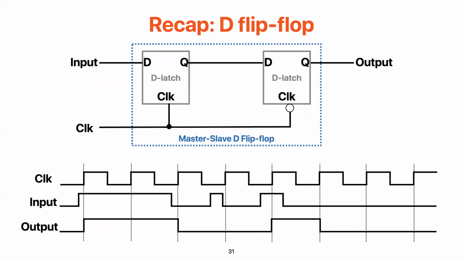So remember, this is the D flip-flop. The basic idea of the D flip-flop, and this is actually the most frequently used component in implementing our circuit, is that we change the input before the clock edge, and the output will respond to the change of your input when we receive the rising clock edge, and keep the output for the whole cycle, right?